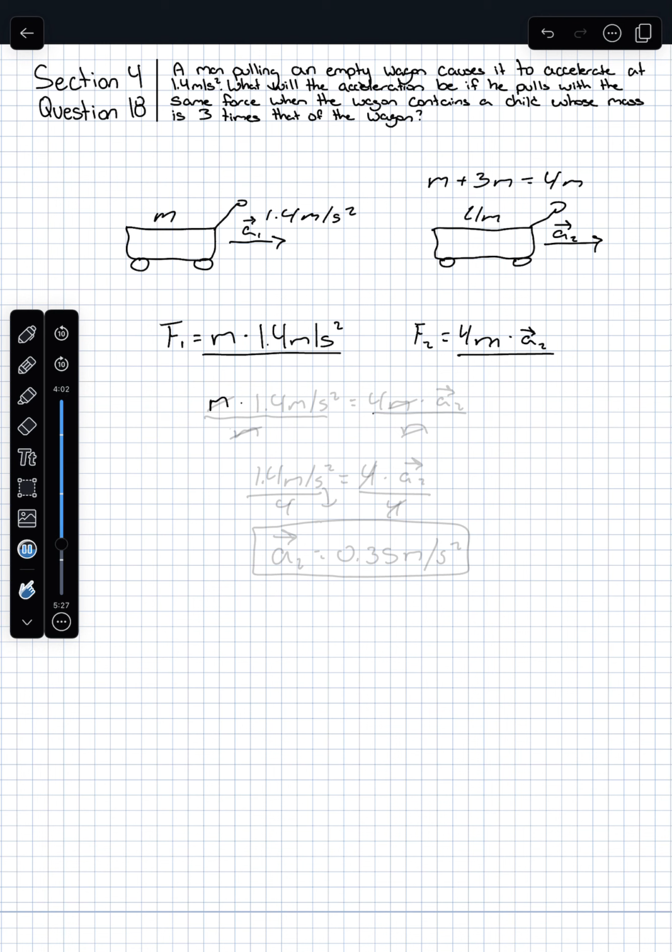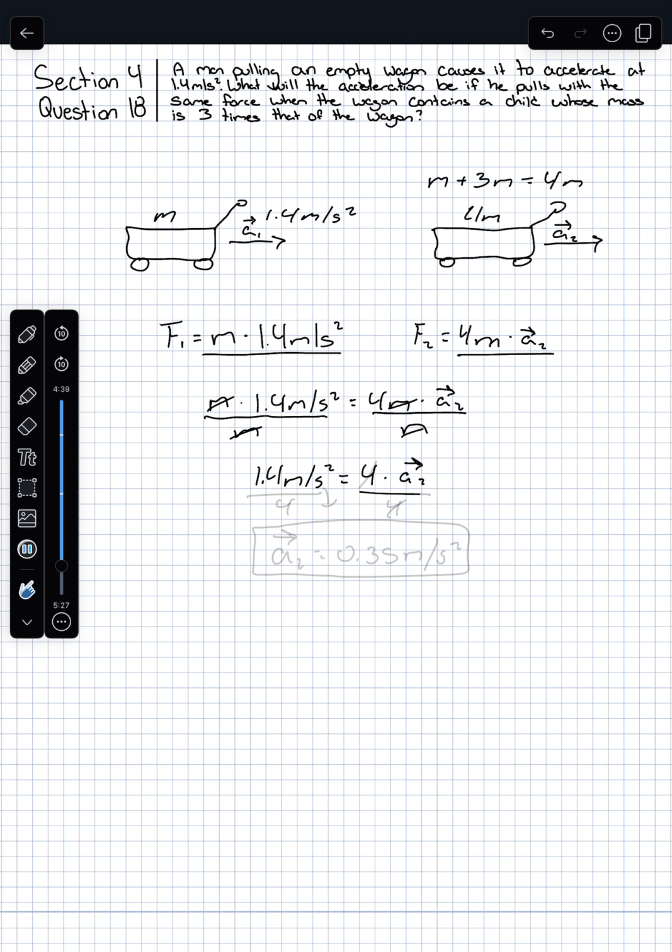So we can do m times 1.4 meters per second squared is equal to 4m times that second acceleration. And what we could start by doing is divide by the mass, m, so that these cancel out and then these cancel out. So now we're left with 1.4 meters per second squared equals 4 times that second acceleration.